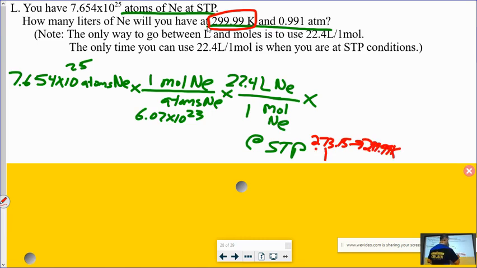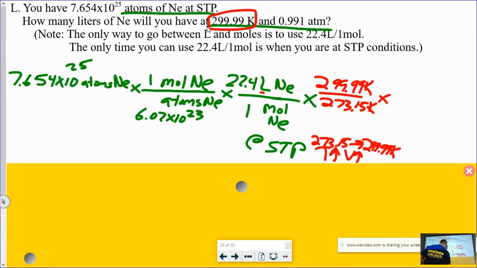Our temperature is going up. If our temperature goes up, our volume should go up. So if I want my volume to get bigger, I put the bigger of the two numbers on top. So I get 299.99 Kelvin, 273.15 Kelvin.